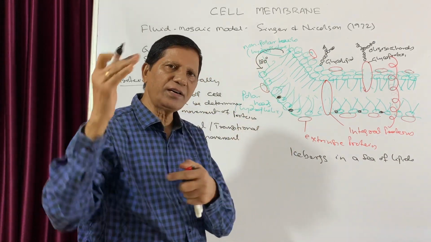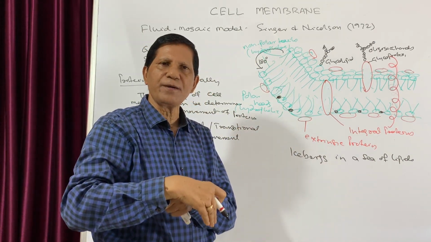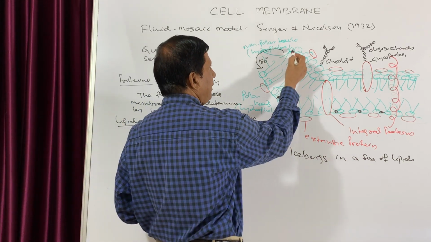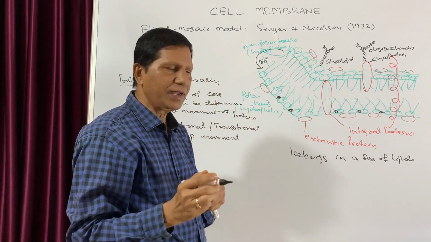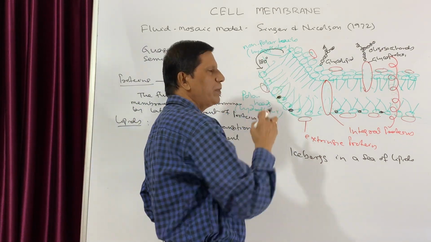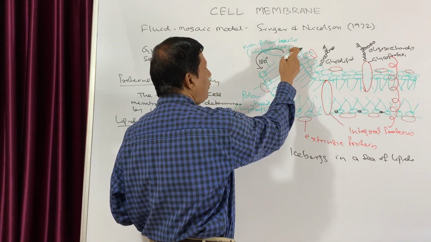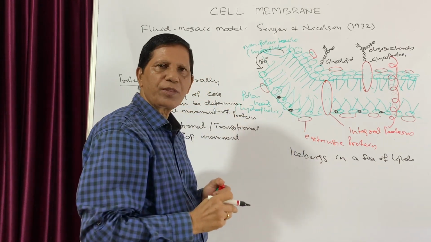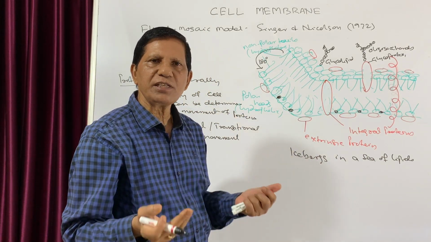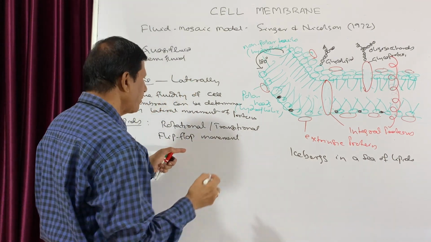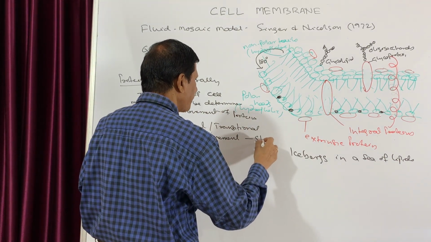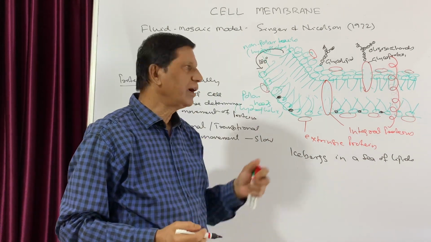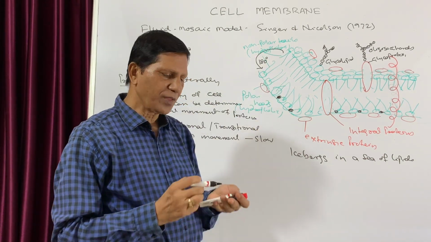That means 180 degree it has to rotate. But what happens? The head is hydrophilic while the tails are hydrophobic. So when the hydrophilic head will rotate like this through the hydrophobic, naturally the process is very slow. That means the flip-flop movement is quite slow because the hydrophilic head has to come through the hydrophobic tails.